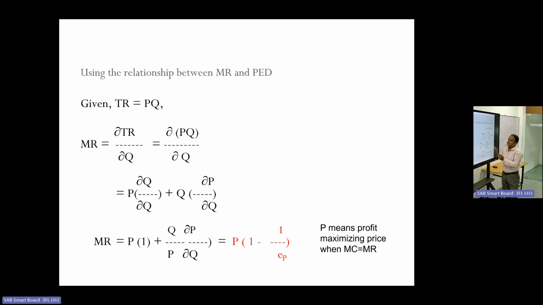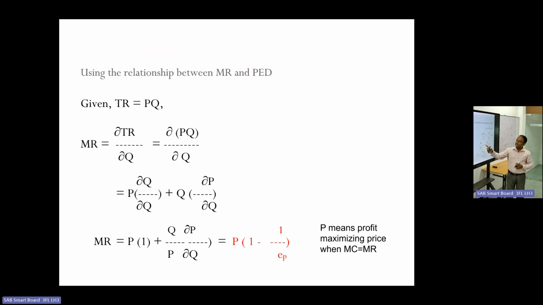We take the first variable, price, and differentiate the quantity in terms of Q, so that means ∂Q over ∂Q.